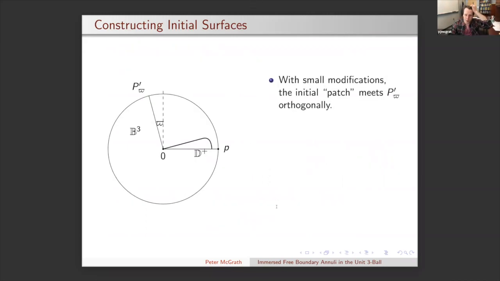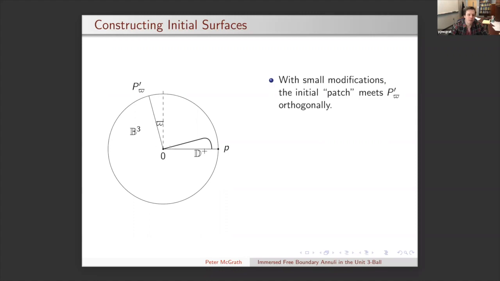And so if you do glue things together in this way, you can do the gluing such that in the vicinity of point P, you have an actual catenoid that meets this plane orthogonally. So basically for free, by construction, you can reflect the surface across the plane of D plus smoothly.